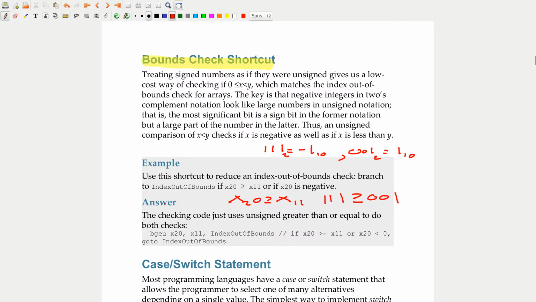Let's go over this again. I'm actually a little confused about what they're talking about. Treating signed numbers as if they were unsigned gives us a low-cost way of checking if 0 is less than or equal to x, which is less than y, which matches the index out of bounds check for arrays. The key is that negative integers look like large numbers.